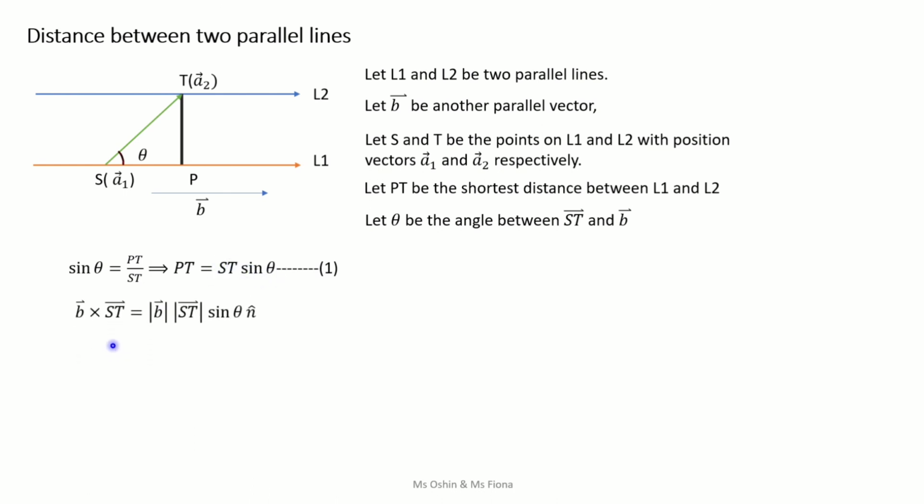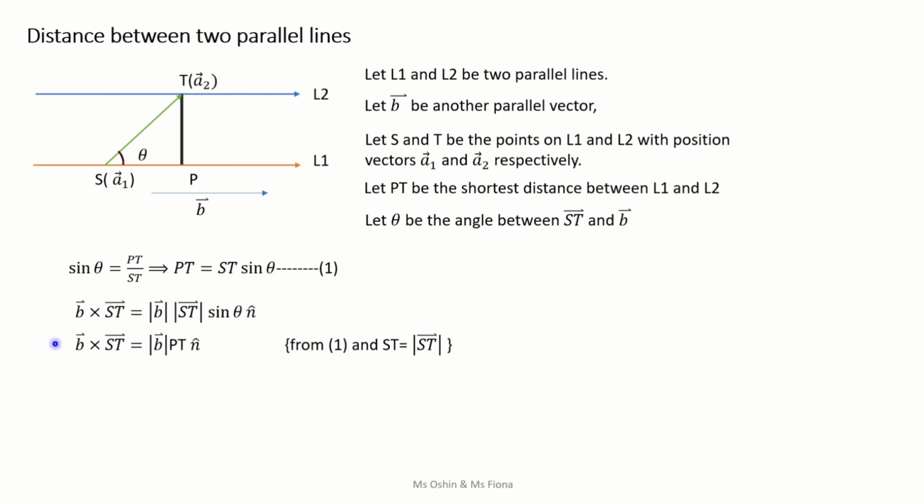Now we have the cross product of vector B cross vector ST equal to magnitude of vector B into magnitude of vector ST sine theta into n cap. Now observe that ST sine theta is nothing but PT. So from equation 1, we can substitute ST sine theta as PT.